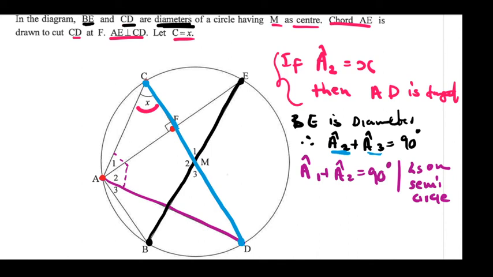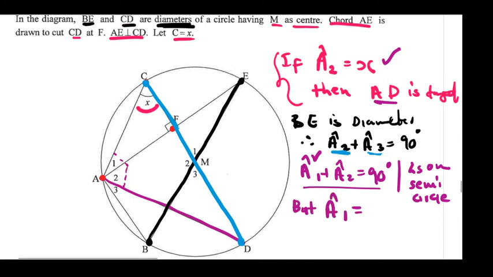Anyways, A1 plus A2 is equal to 90 degrees, right? So we already know A1, right? We're looking for A2, and remember, A2 must be equal to X. We're not going to force it. We're just going to see if it's going to be equal to X. And if it's equal to X, then you've proven that AD is a tangent, right? So angle A1 is equal to what?